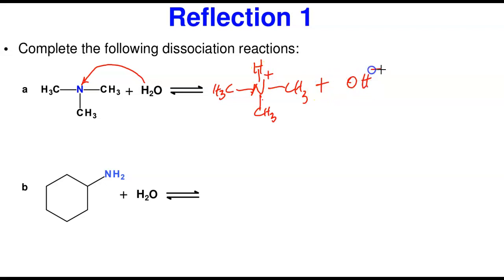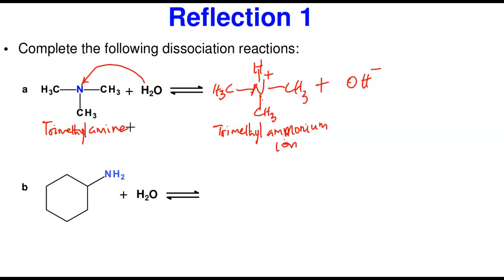You're going to have your OH minus. If you want to name this, it should be trimethylammonium ion. Of course, this is trimethylamine. That's how you name this.